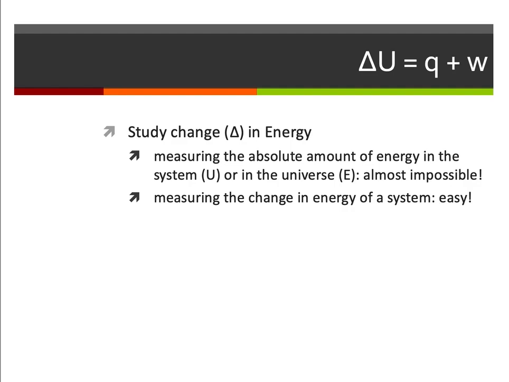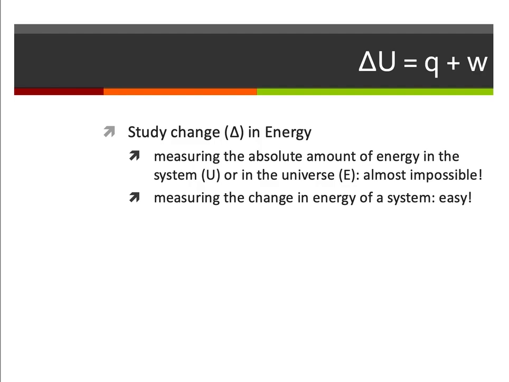As we've learned, the change in internal energy of a system, or the change in energy of the system, delta U, is equal to heat and work, Q plus W. It is important to understand that when we study how chemical reactions consume or release energy, what we are measuring is actually the change in energy.